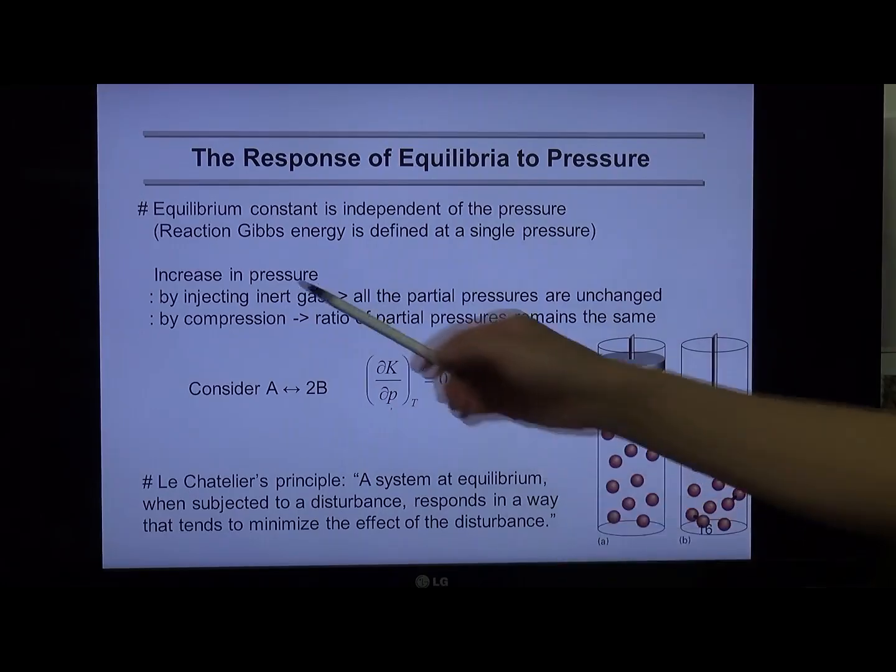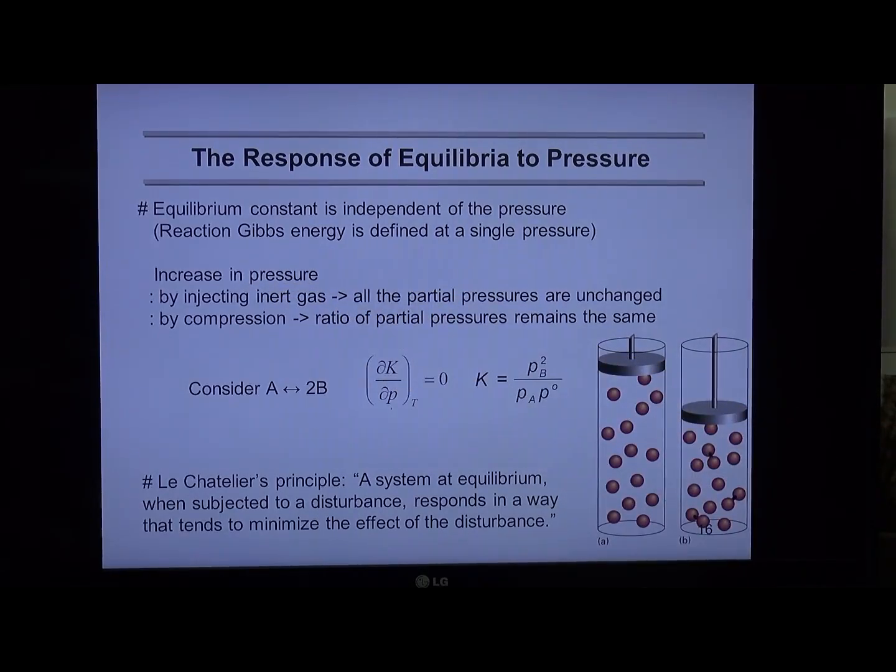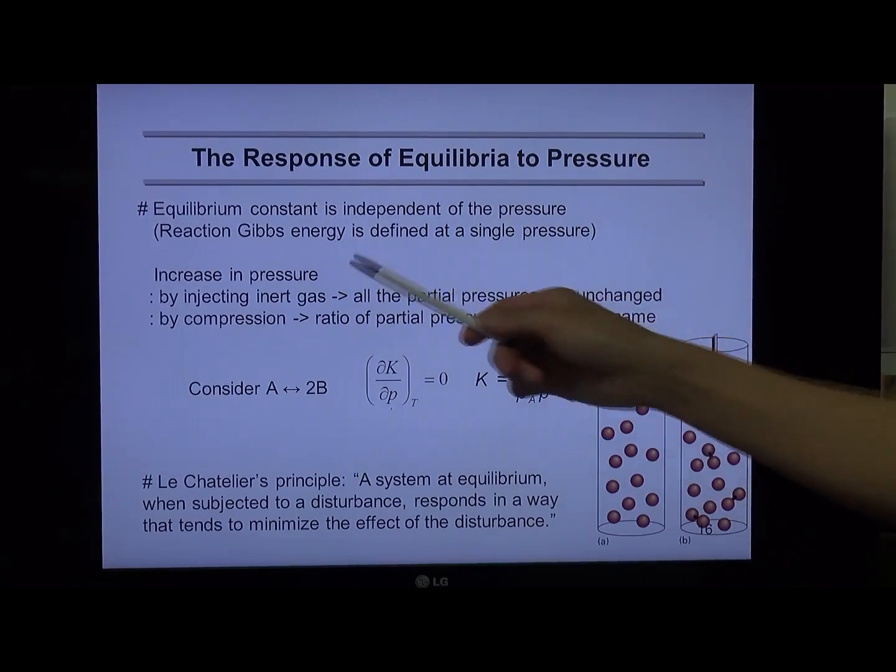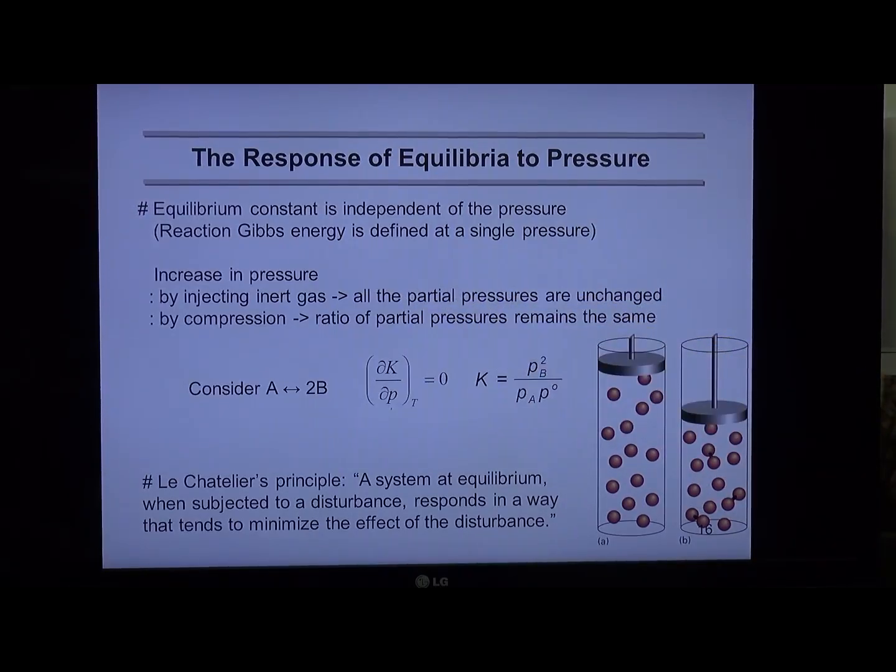Let's say that we increase pressure for a specific chemical reaction. We can increase the pressure either by injecting inert gas or by decreasing the volume by compression. Either way, we can increase the pressure and see what happens.